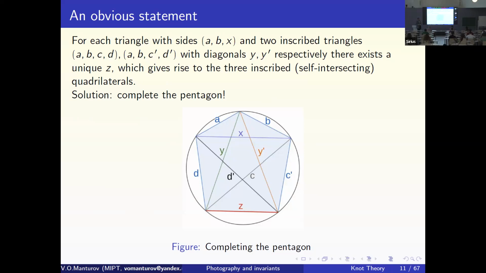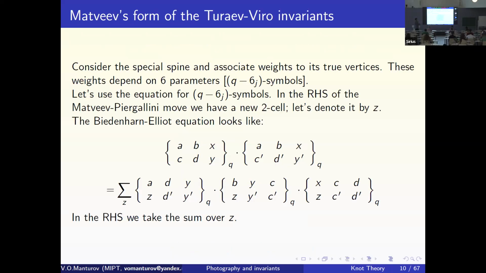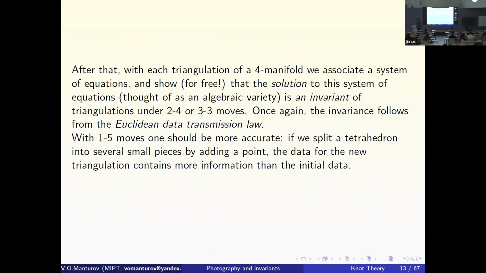Well, if we have 2 inscribed ones, then we can find a unique D so that the remaining are inscribed. And you see here, this is just the case. So 2 things are inscribed. We have 1 times 1, and here 3 others are inscribed for exactly 1 D. And this is how to explain that we get a solution to Turaev-Viro.